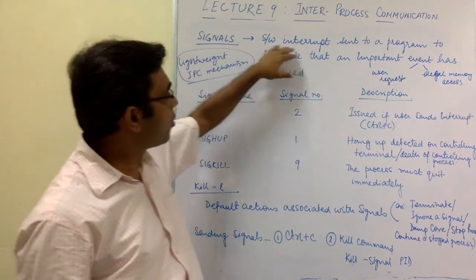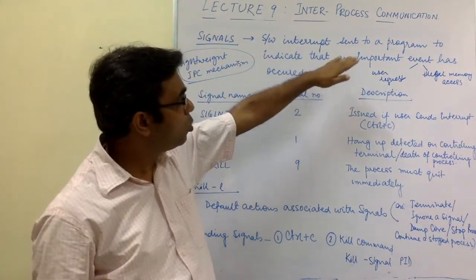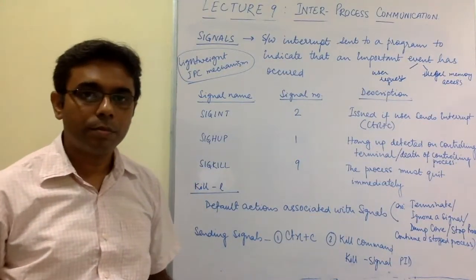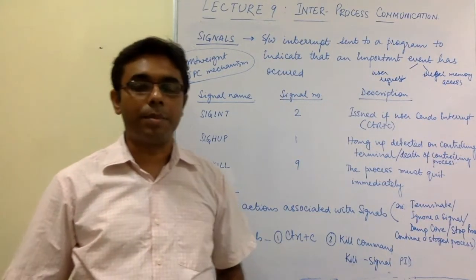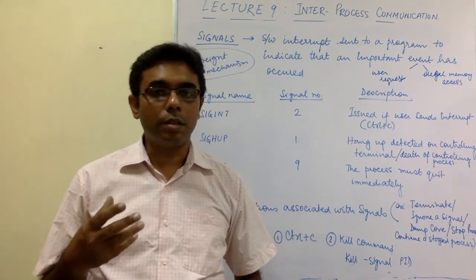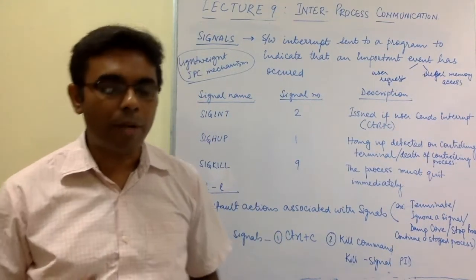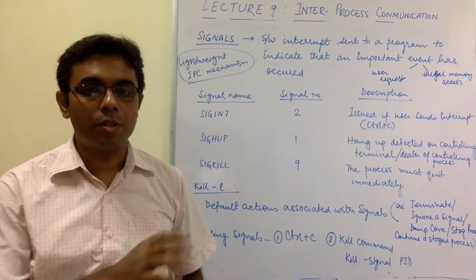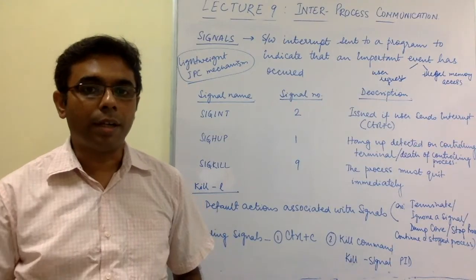Signals are software interrupts which are sent to a program to indicate that an important event has occurred. So it's an interrupt that is sent to a program, and that triggers that particular program and makes the program aware that there is some event which has occurred and some action needs to be taken.